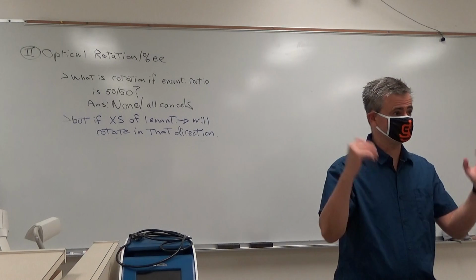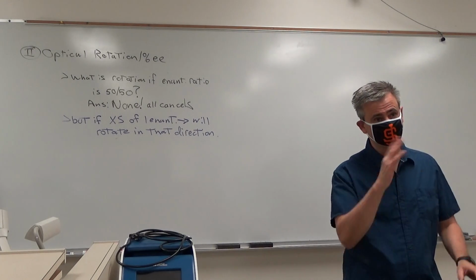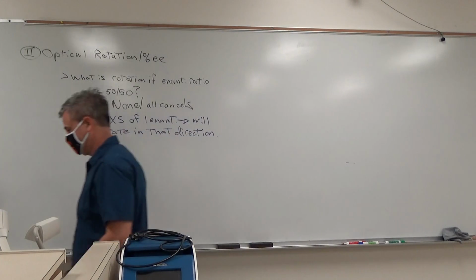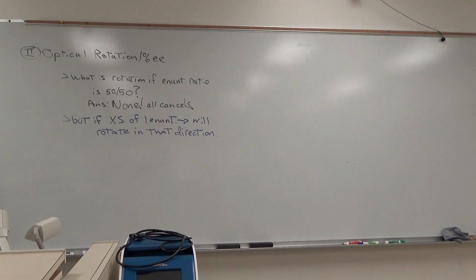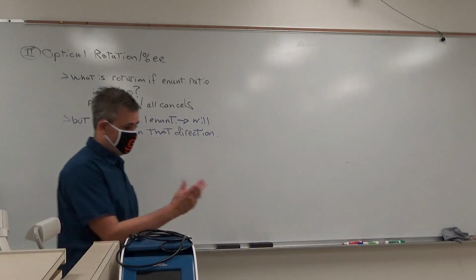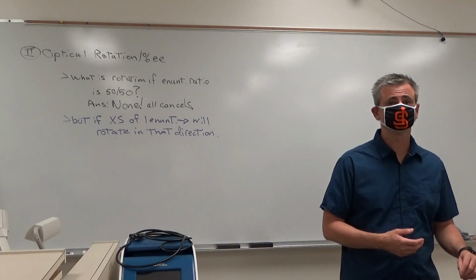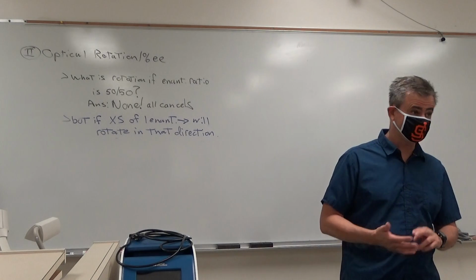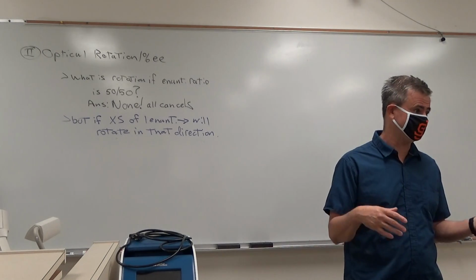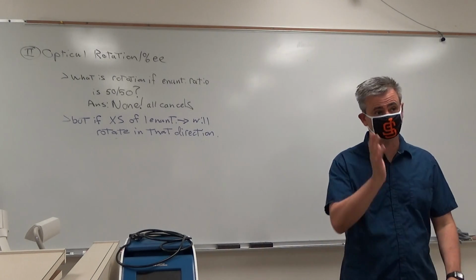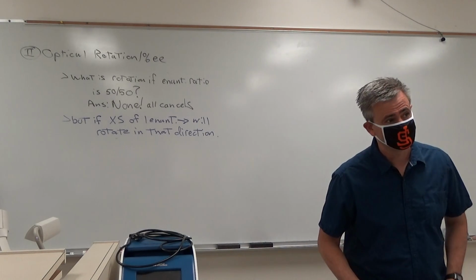Methanol is an achiral molecule, so it doesn't affect the rotation. So you've made a solution. There are some other factors besides the identity of the enantiomer and the purity, whether you have one or the other. There are some very practical, simple factors that will affect how much it rotates.